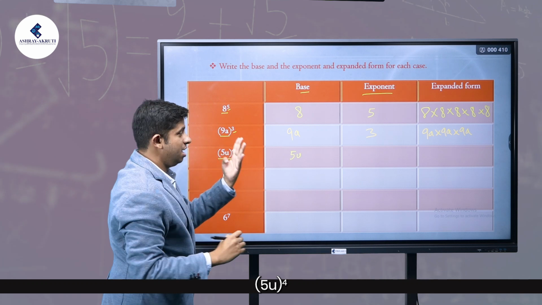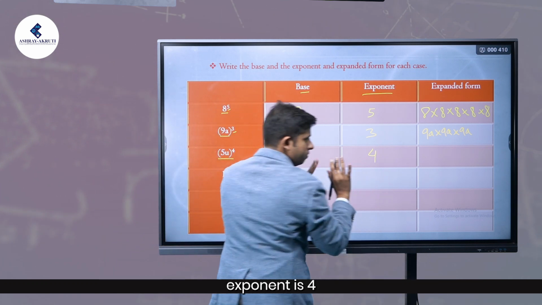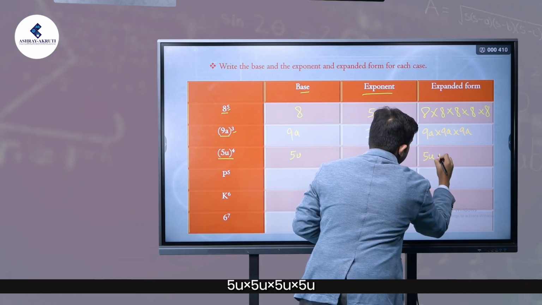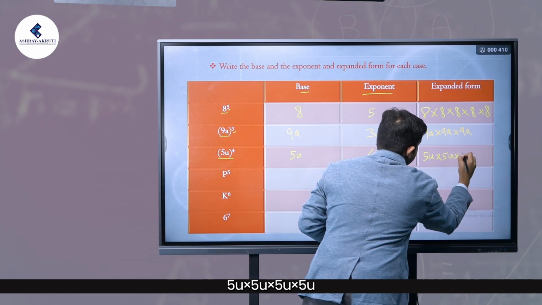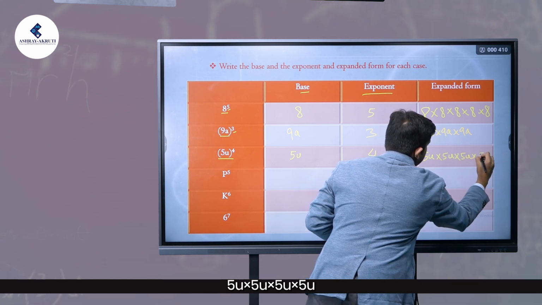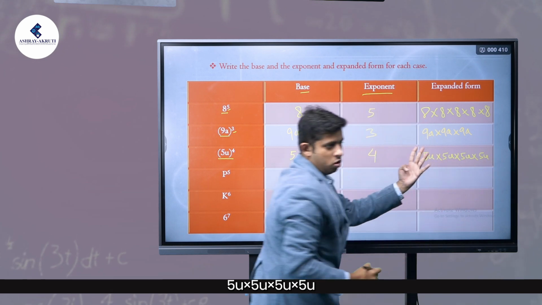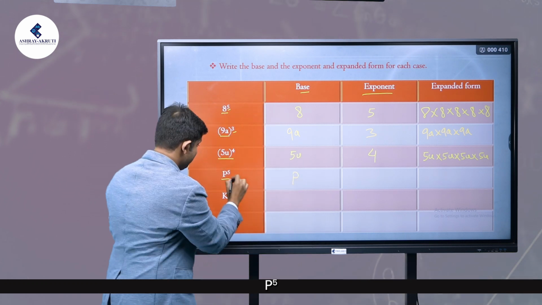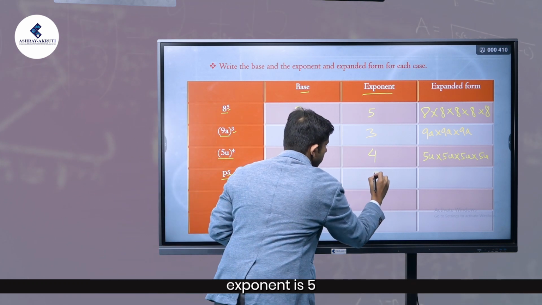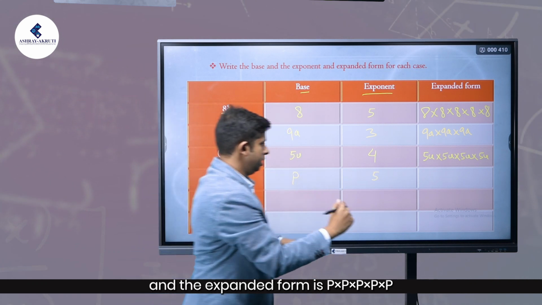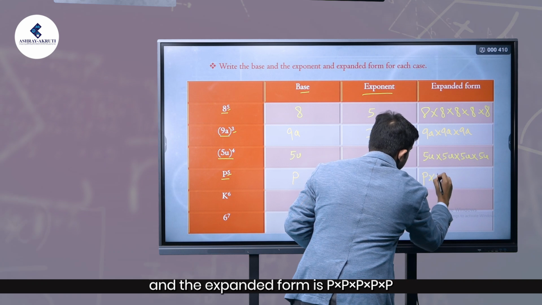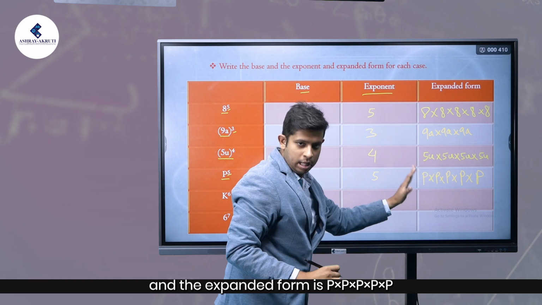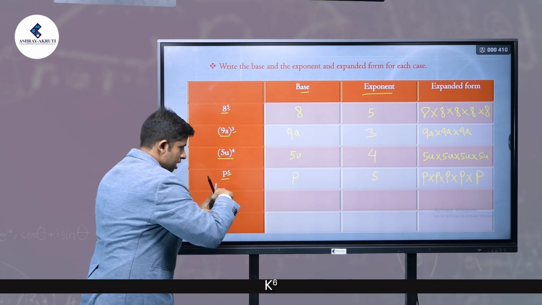5u to the power of 4. 5u is the base, exponent is 4. Expanded form is 5u into 5u into 5u into 5u. P to the power of 5. P is the base, exponent is 5, and the expanded form is P into P into P into P into P. K to the power of 6.